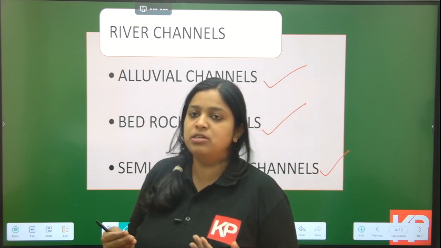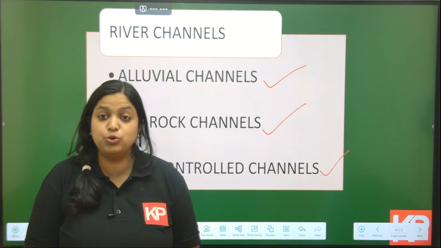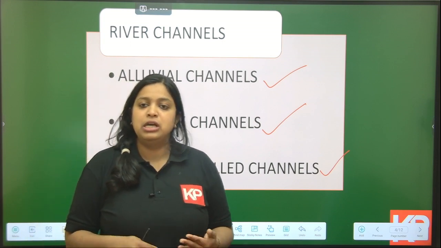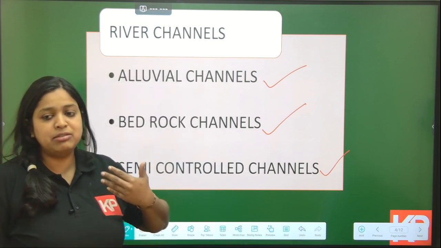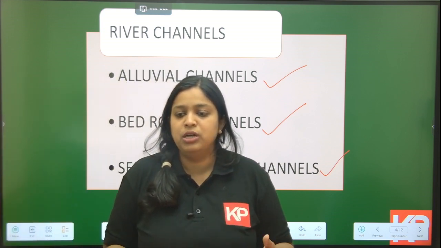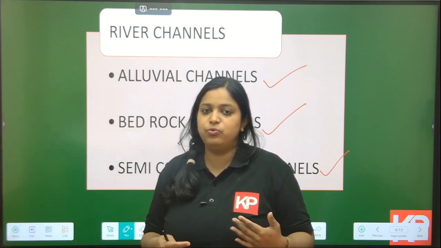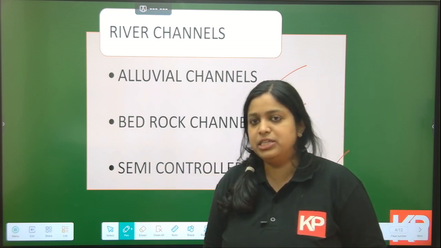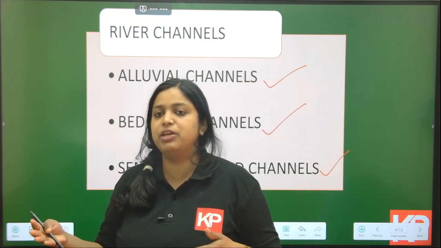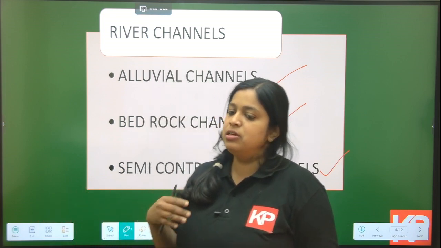Bedrock channels are river channels that cut into bedrock, or cut into rocks. Alluvial channels are channels that cut into sediments or alluvial sediments, so the alluvial channel bed and banks will be composed of sediments.